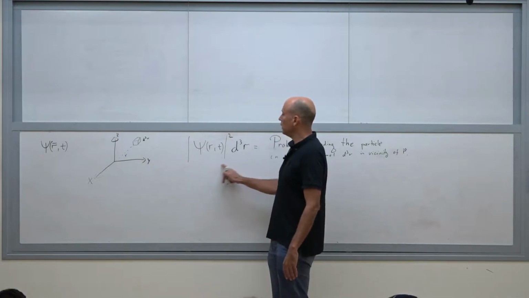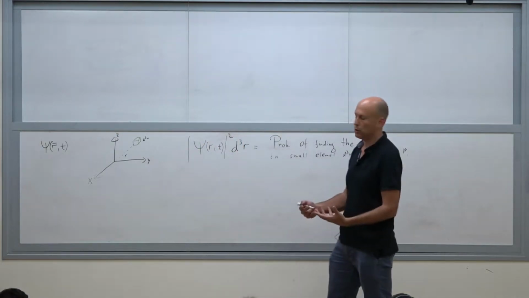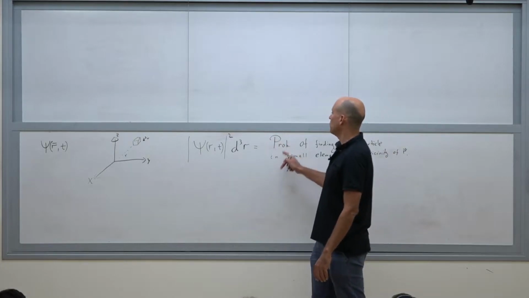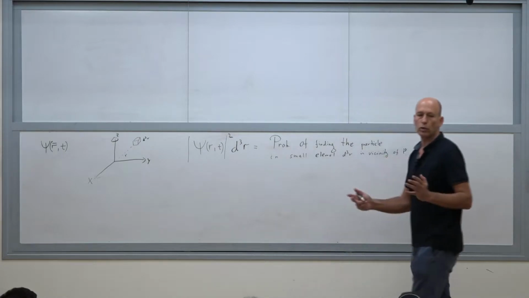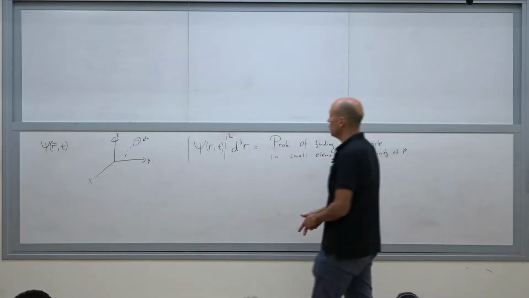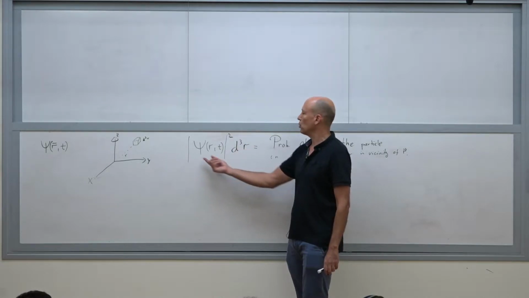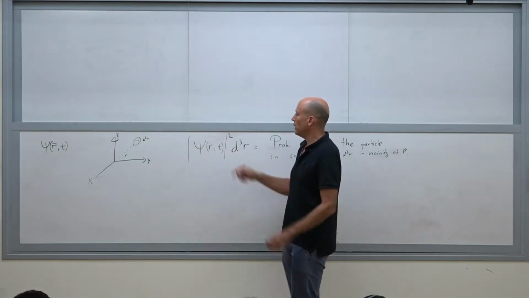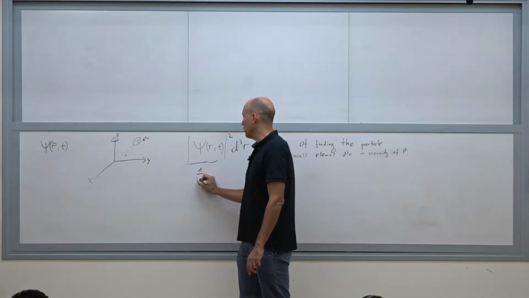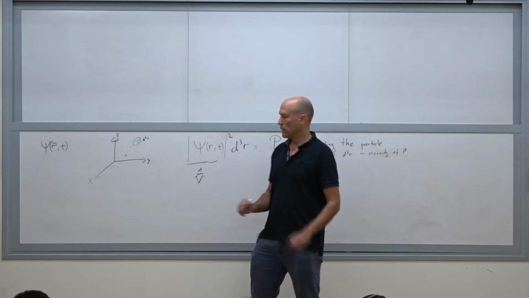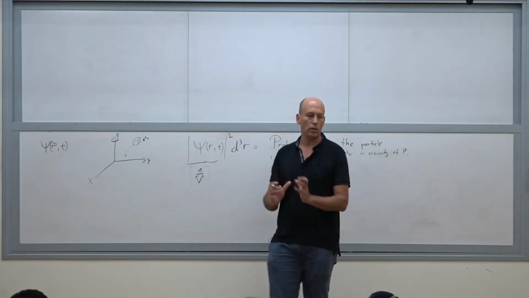So this thing, without the d3r, is actually a probability density function. But here I look at the probability, and this means that this object has no units. This object has no units, but this element of volume has units, d3r, so this object over here has units of 1 over volume. That's just the units. The square brackets I use here are just to say the units of.